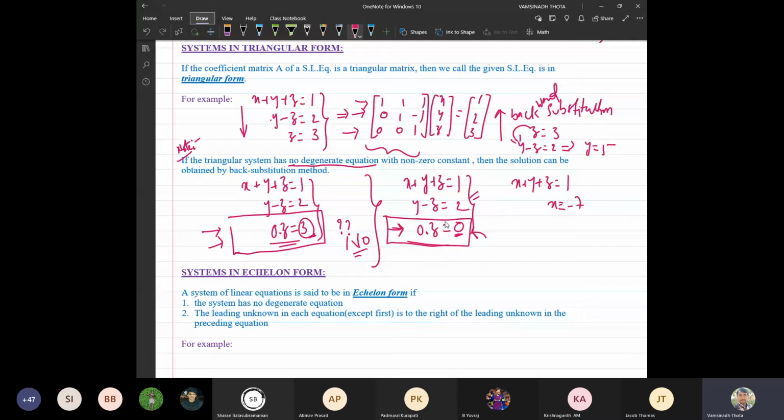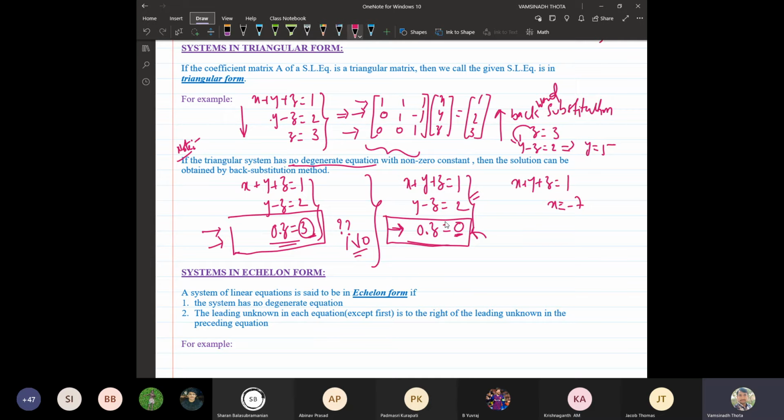So basically, when there is a system in triangular form, the first thing you need to check is whether the system has any degenerate equation with a non-zero constant. If it has, then a solution does not exist straight away. Not only a triangular system, any system that has a degenerate equation with a non-zero constant does not have any solution.